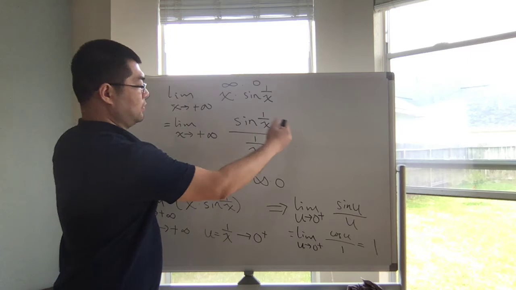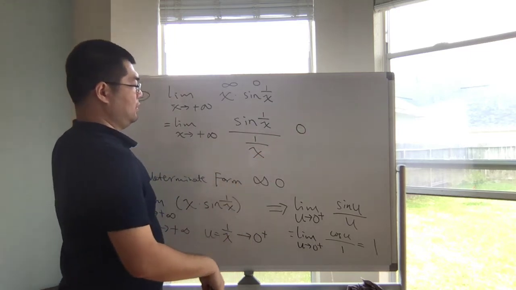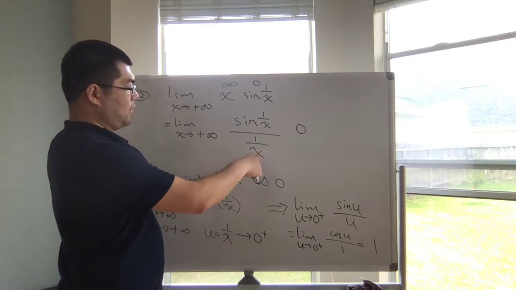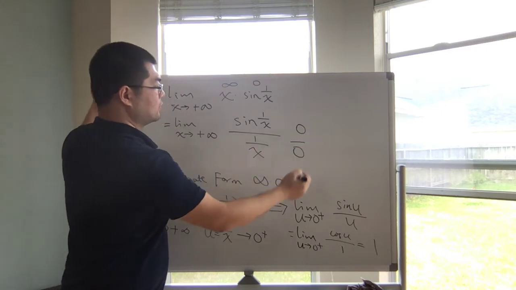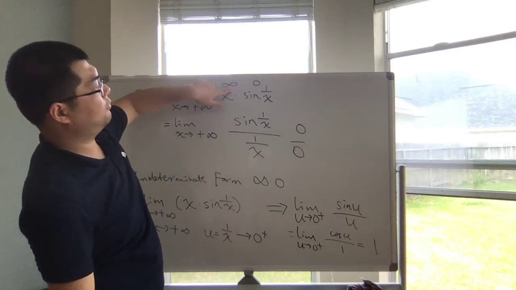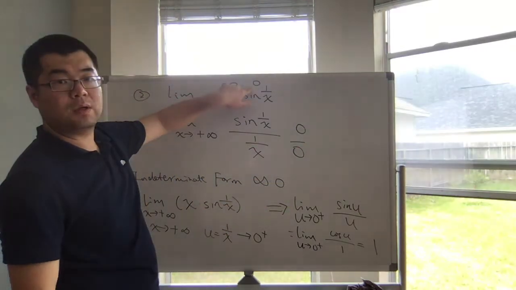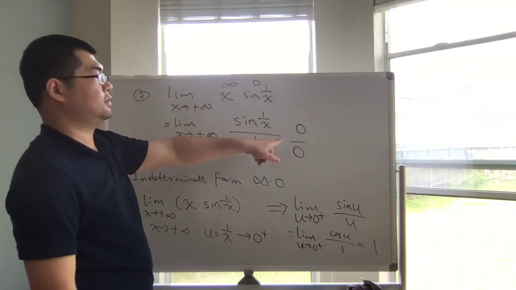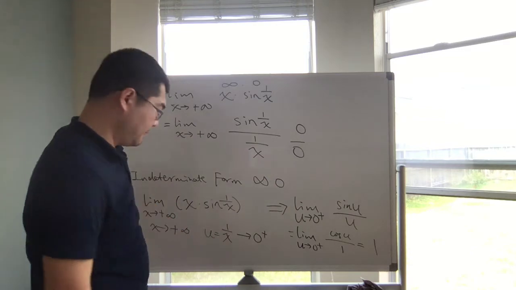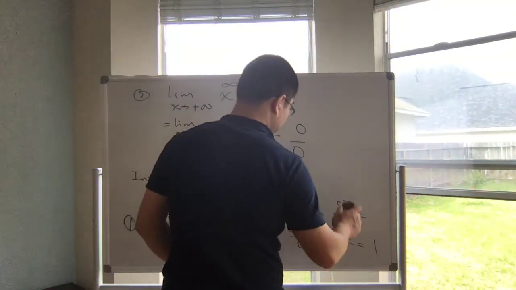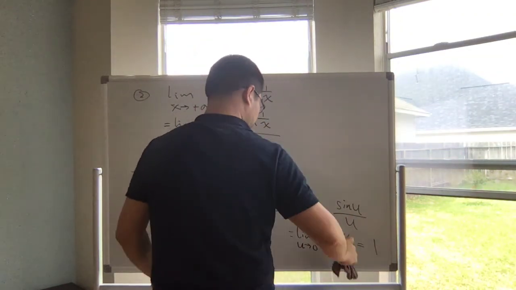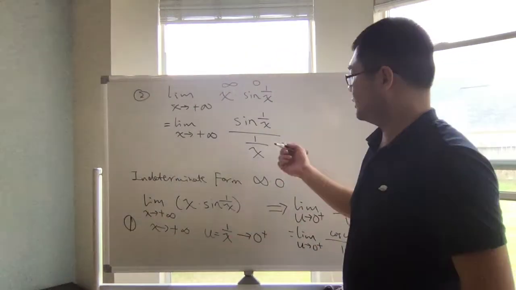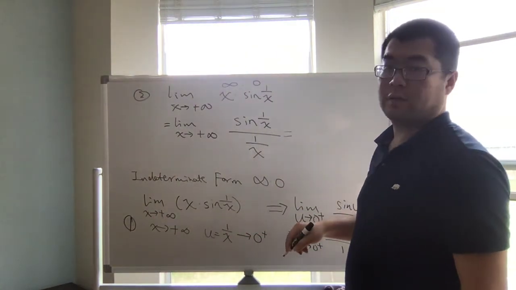On the top, it is 0, right? And on the bottom, 1 over infinity is also 0. So before we had infinity times 0 indeterminate form, and right now we have a 0 over 0 type, right? Okay, and then we can apply our L'Hopital rule.